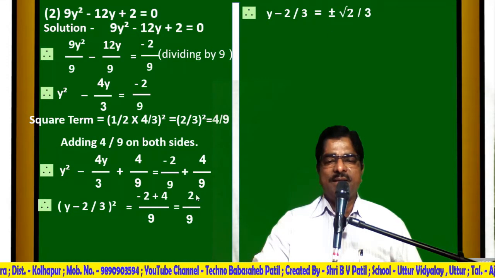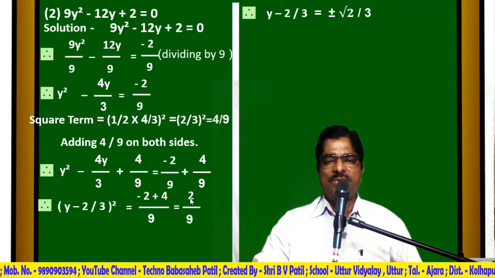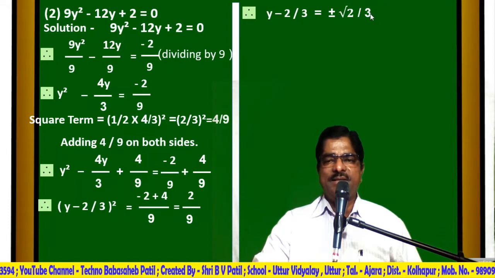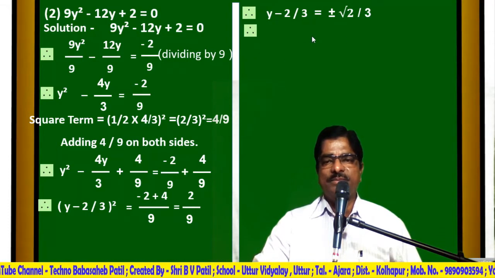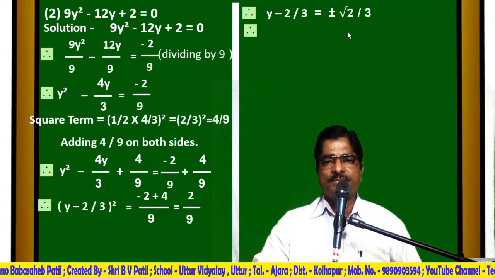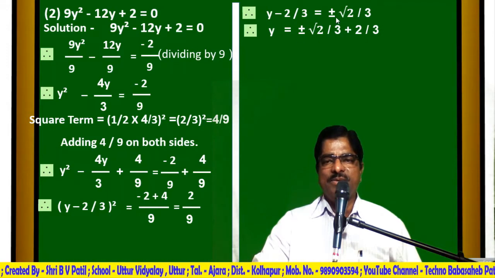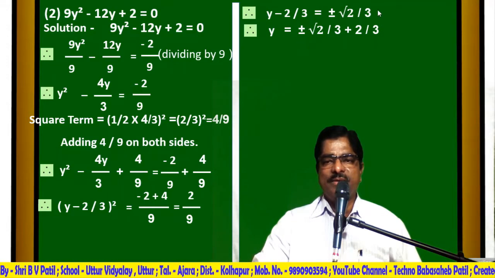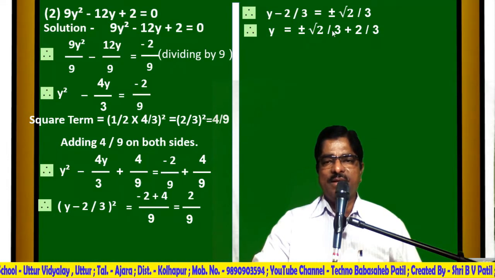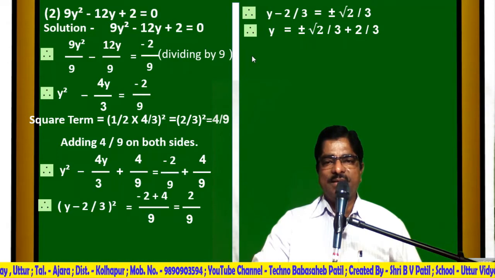We can't take the root of 2, therefore root 2 remains, divided by the root of 9 which is 3. Therefore, what is the next step? y is equal to plus or minus root 2 divided by 3, and minus 2 upon 3 taken to the RHS becomes plus 2 upon 3.